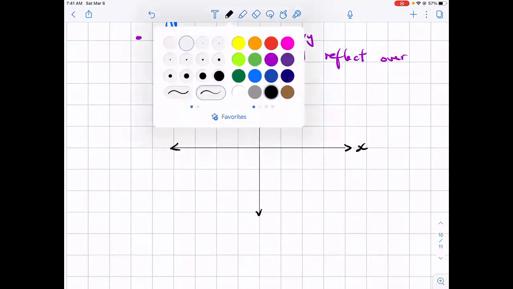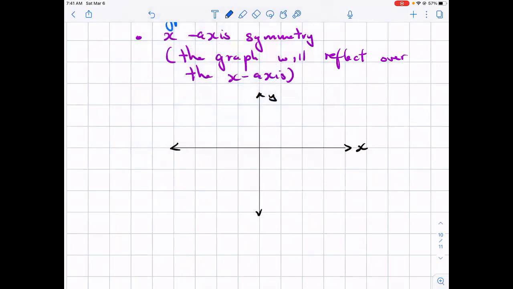If we look at the graph, let's say this one here. Make sure it goes through there.